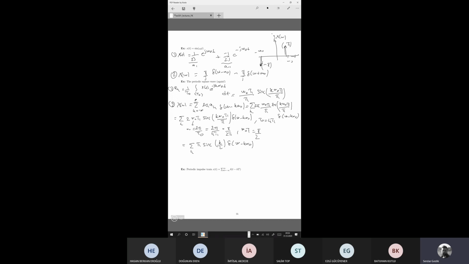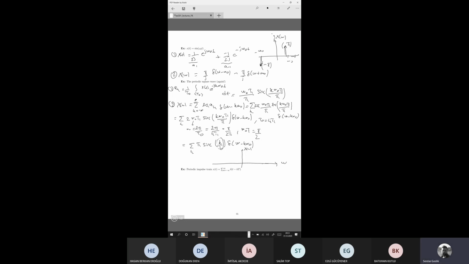I know that sinc is 0 whenever the inside of the parentheses is, let's say, an integer. So this is 0 for k equals 2, k equals 4, and so on. So first, let me draw the envelope for x of omega. So this is my envelope.